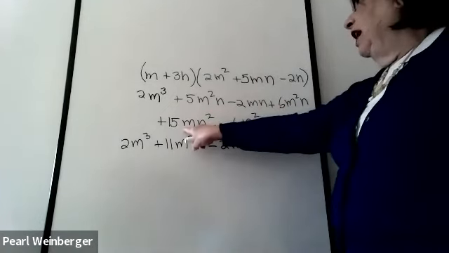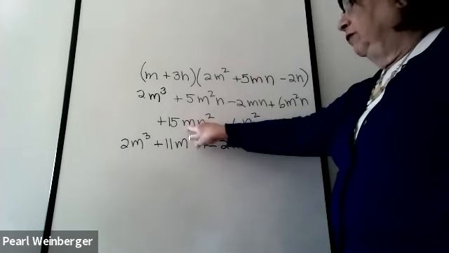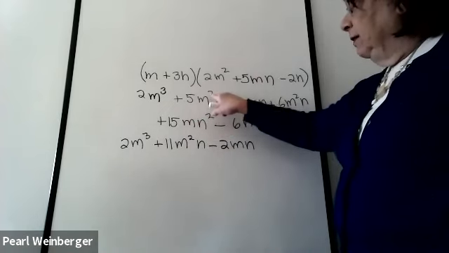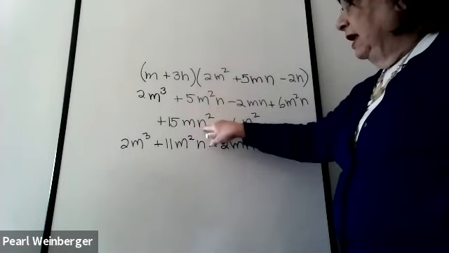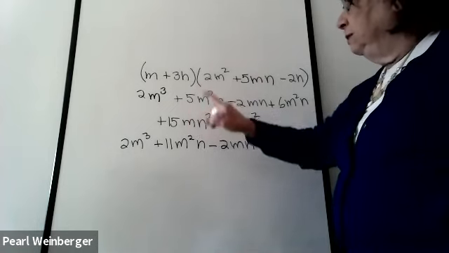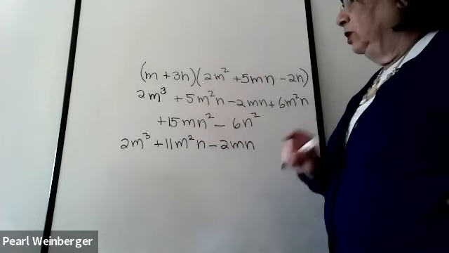Here we have a 5mn squared. Now be careful. These are not like terms. Even though they have m and n in them, this has an exponent of 1 and this has an exponent of 2.